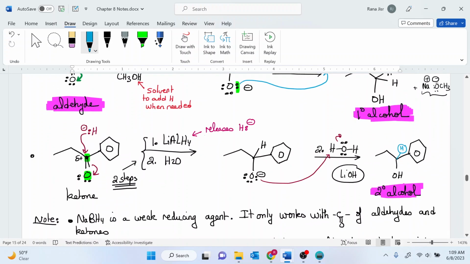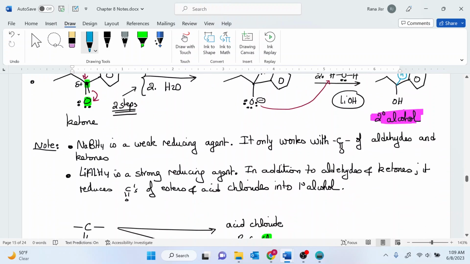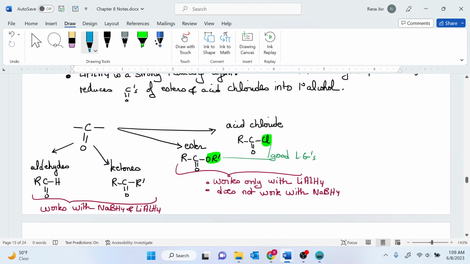What matters now is esters and acid chlorides. Esters and acid chlorides have no reaction with sodium borohydride, a mild reducing agent. They only react with lithium aluminum hydride. They don't work with sodium borohydride, because lithium aluminum hydride is way more reactive.